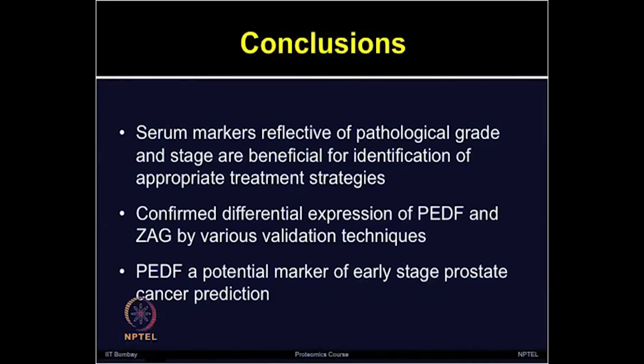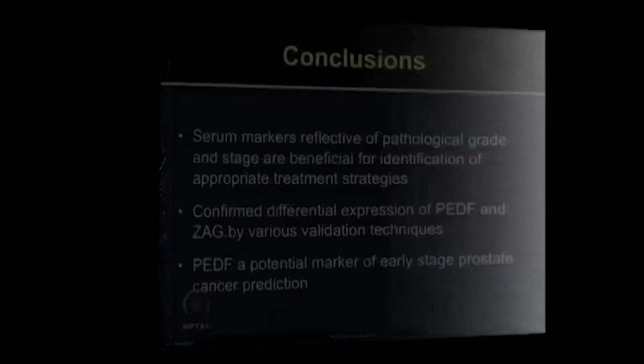Based on their studies and the follow-up experiment, they concluded that PEDF could be a potential marker for early stage prostate cancer prediction. However, more studies and follow-up are required on a large number of patients before it can be established as a good biomarker.